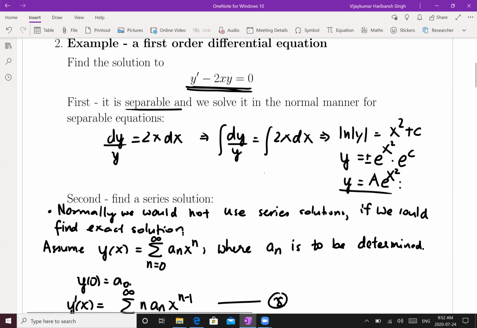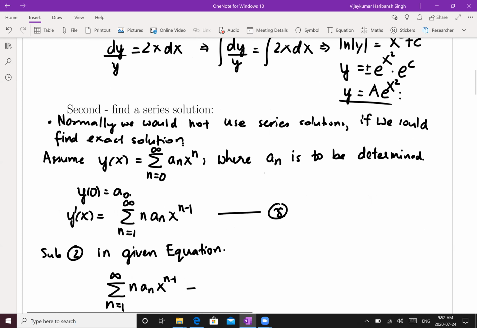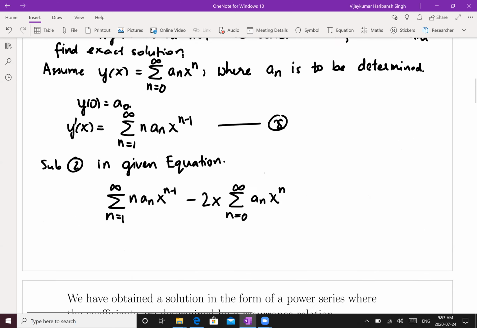So we get y prime, which is summation n equals 1 to infinity of n a_n x to the n minus 1, minus 2xy, so 2 times x times summation n equals 0 to infinity of a_n x to the power n, equals 0.